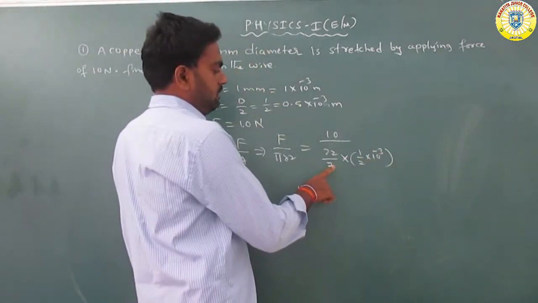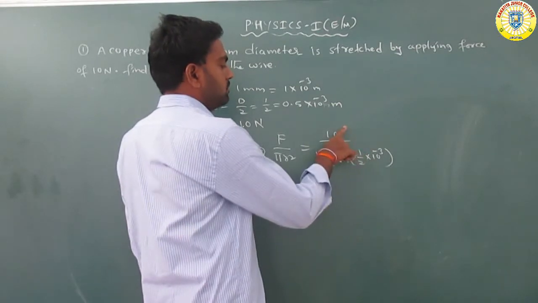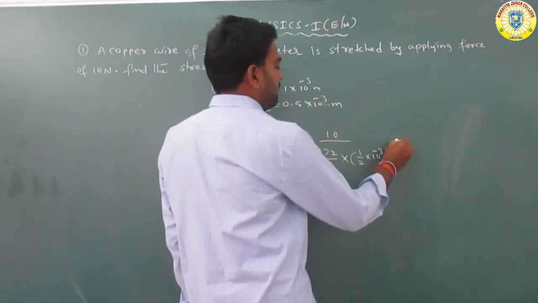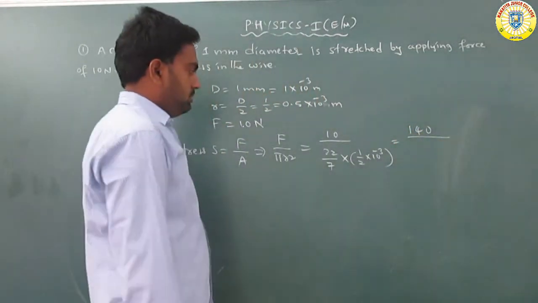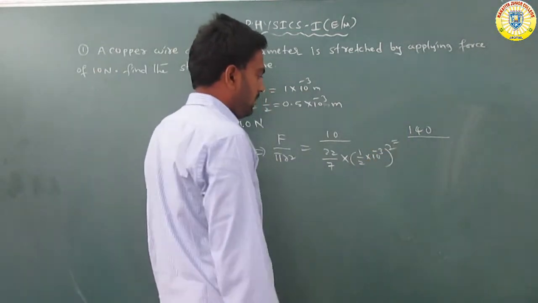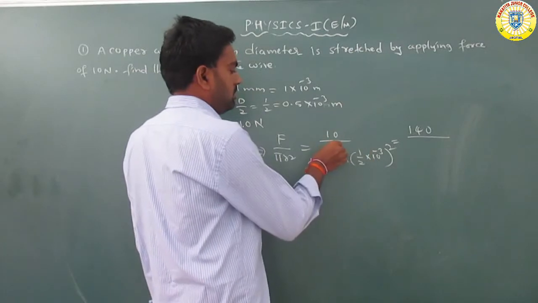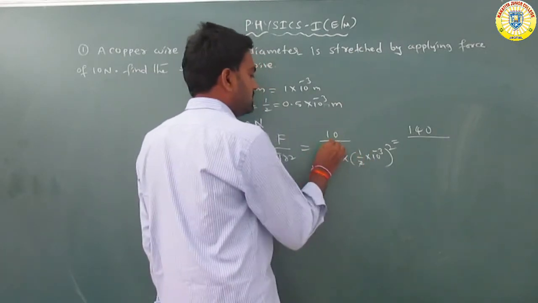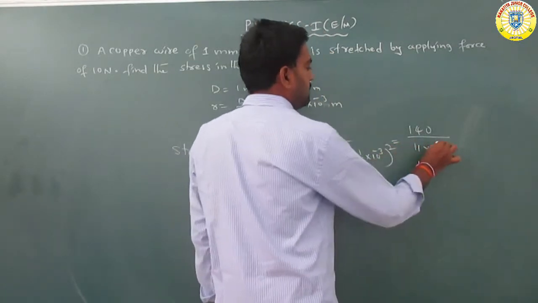Here, 7 times 2 is 14, so we can write 140 by 11, with the square. The 22 cancels, leaving 11, into 10 to the power of minus 3 minus 6.